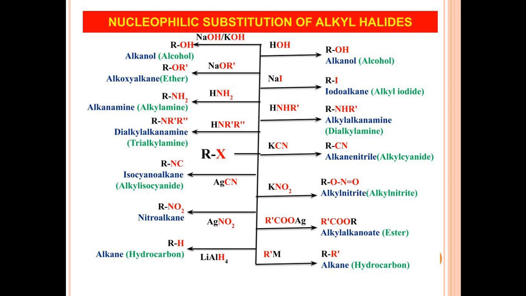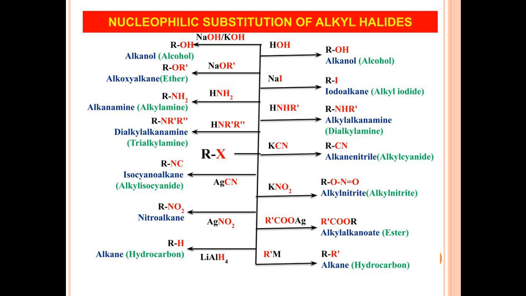If the alkyl halide reacts with NH3, it will give us alkylamine. Similarly, we can use this type of substitution reaction for the preparation of various types of compounds. Trialkylamine can also be prepared by using secondary amine or other compounds.